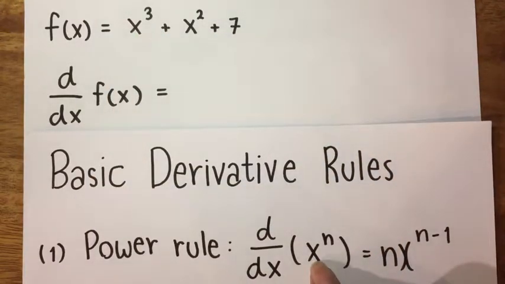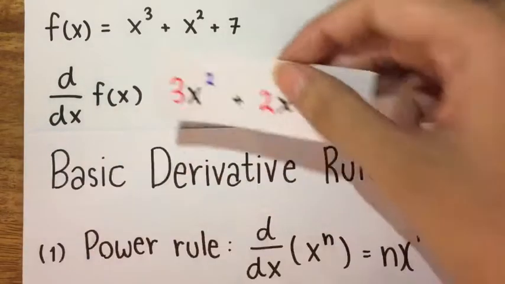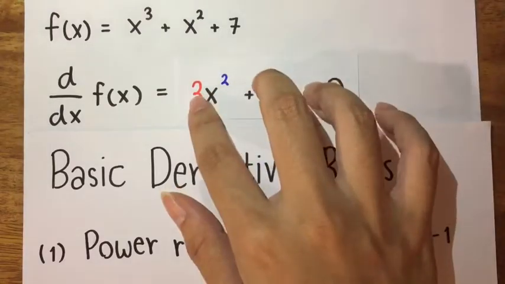The 3 will be multiplied to the front, so the 3 will be here, and it will be x to the power of 3 minus 1, which will be squared.